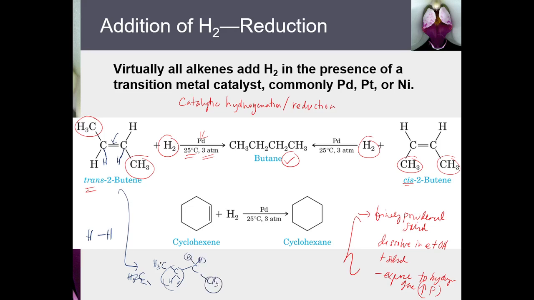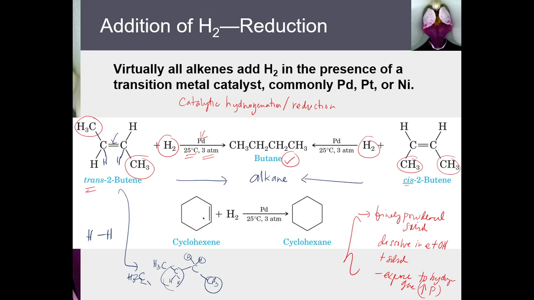What did you notice? It became an alkane. So from your alkene, it became an alkane. In the process of catalytic hydrogenation or catalytic reduction, your alkenes will become fully saturated, so they become an alkane.